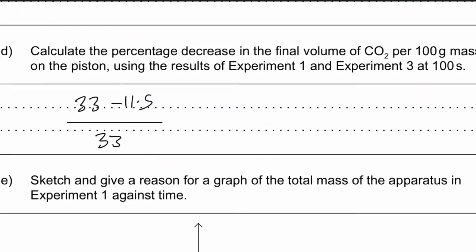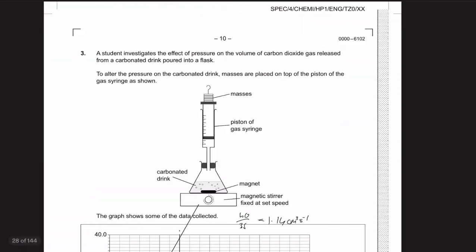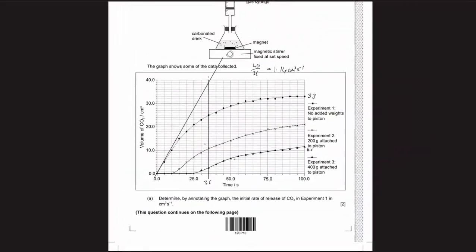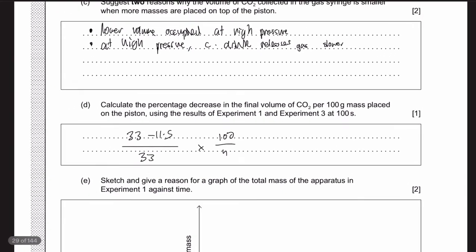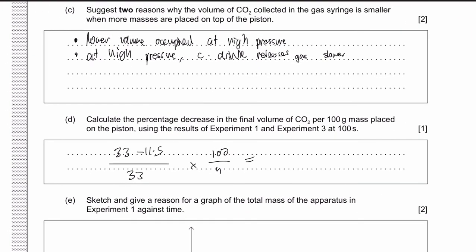Okay, so if it's per 100 gram, we'll times it by 100 over 4, because we have our 400 gram mass here, and it wants to give it to us per 100 grams. So we're essentially just dividing by 4 afterwards, but we'll include it in one calculation. And it'll give us 16.3%, and that's per our 100 gram mass.